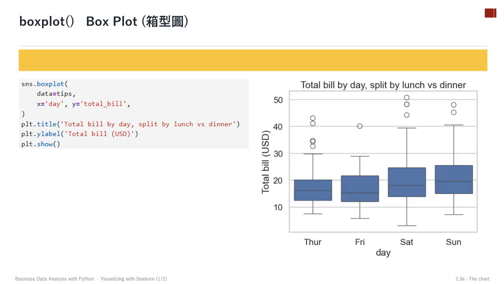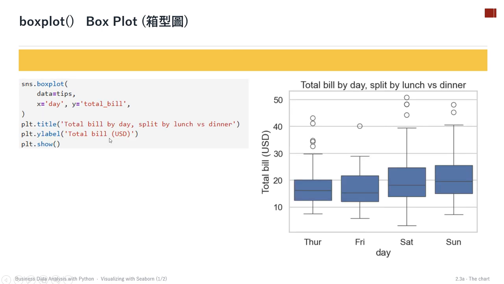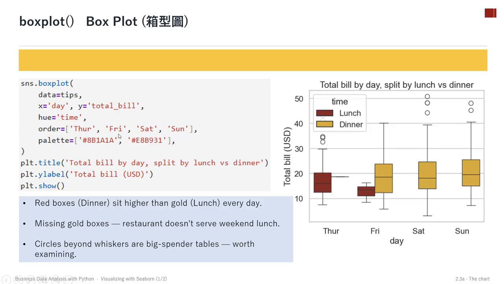All right, let's move on to the next part, and we will see the bar plots, the advanced chart. Here we can give the order, like maybe you want to set it from Thursday, Friday, Saturday, and Sunday, and you can also set up the palette.